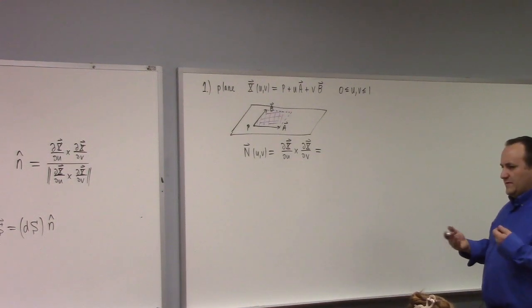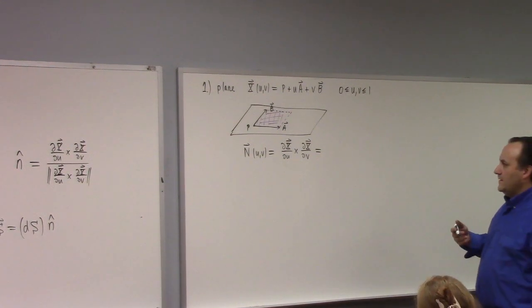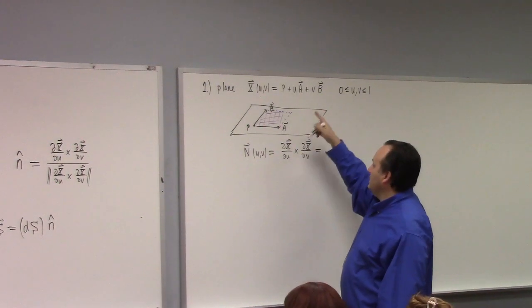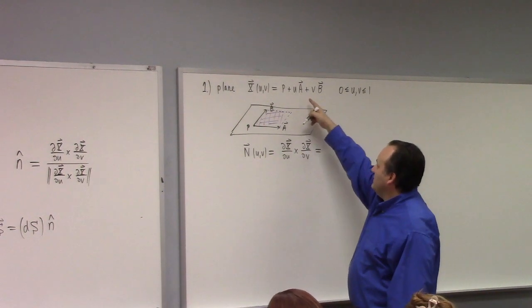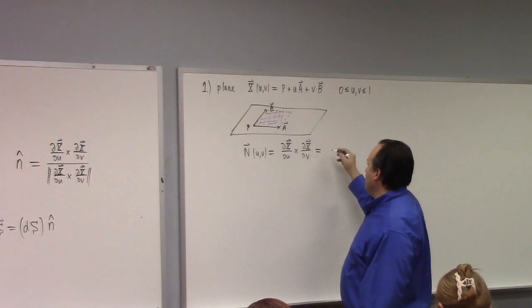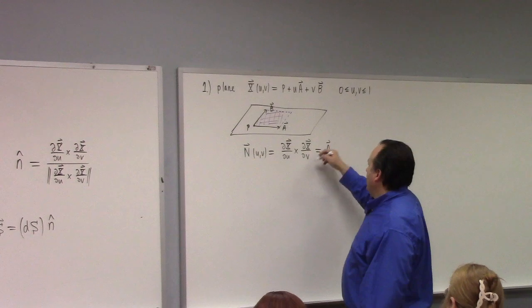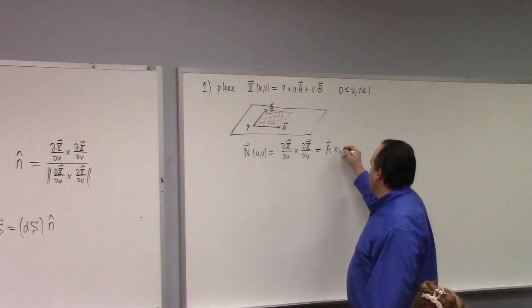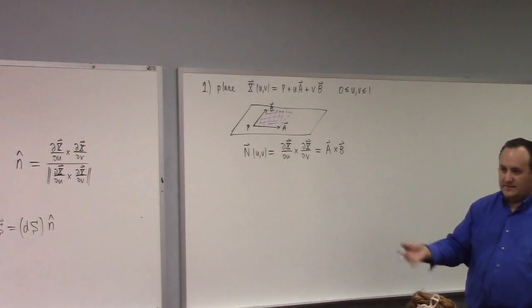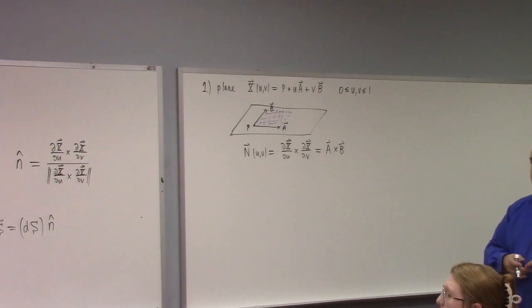And then we'll be able to refer to these as we go on. So what is partial x, partial u? Well, if p and a and b are constants, this is just a. And partial x, partial v is b. And that's it. That's the normal, right?